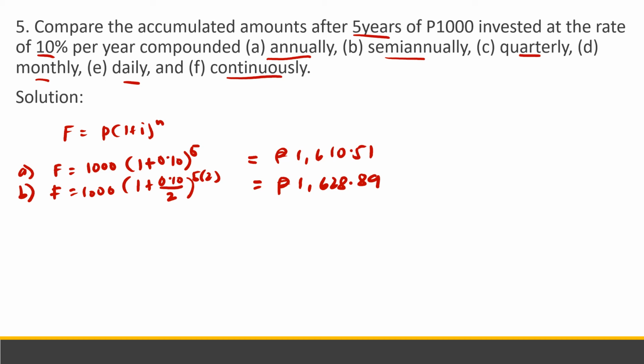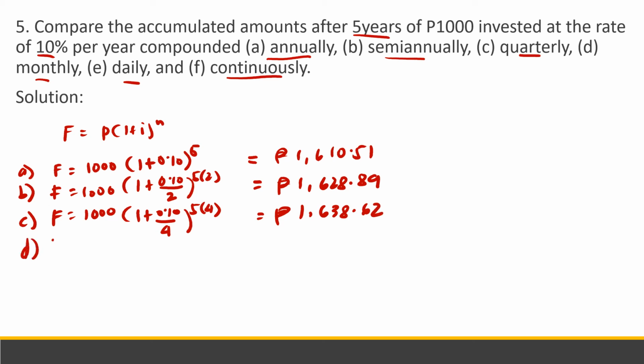So letter C, F is equal to 1,000 times 1 plus 0.10 over 4, compounded quarterly. So there are 4 quarters in one year, 5 times 4, is equal to 1,638.62.